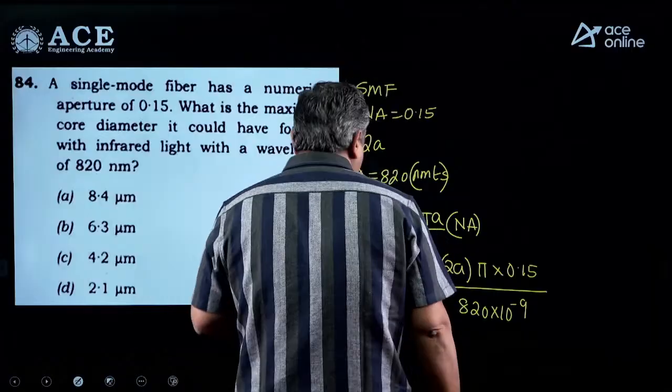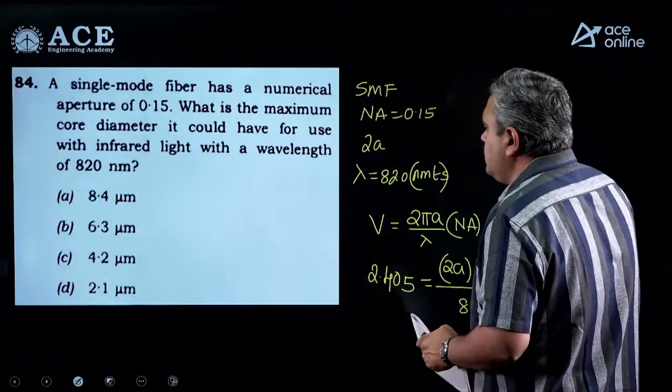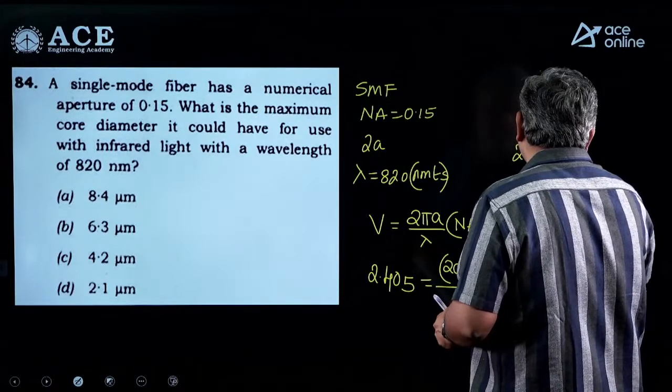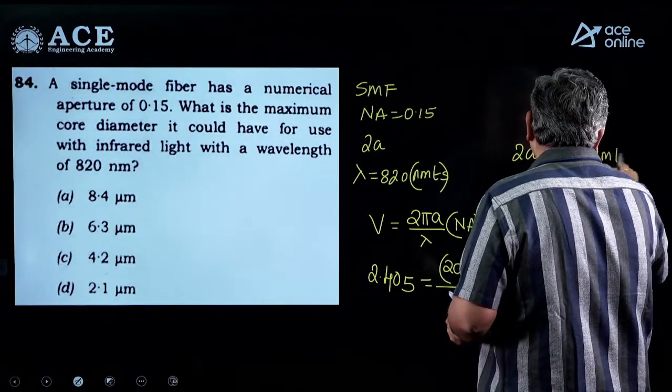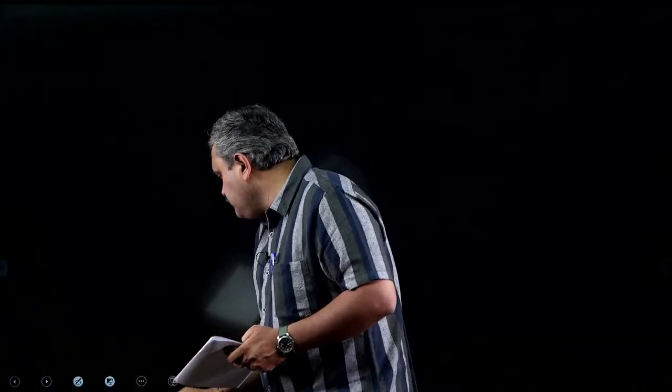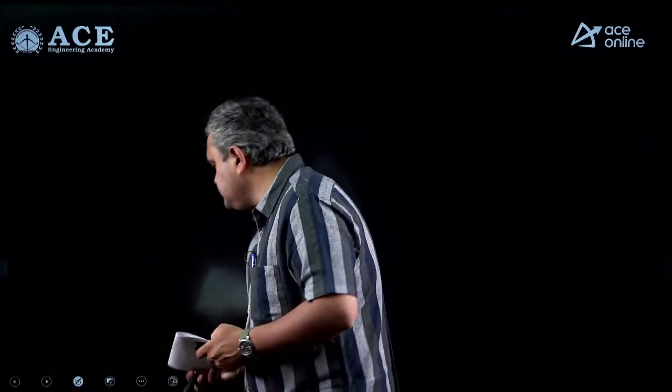So if you calculate, the value of 2a comes out to be somewhere around 4 point something. So 4.2 micrometers is the closest option. Okay. So this will be your correct choice.